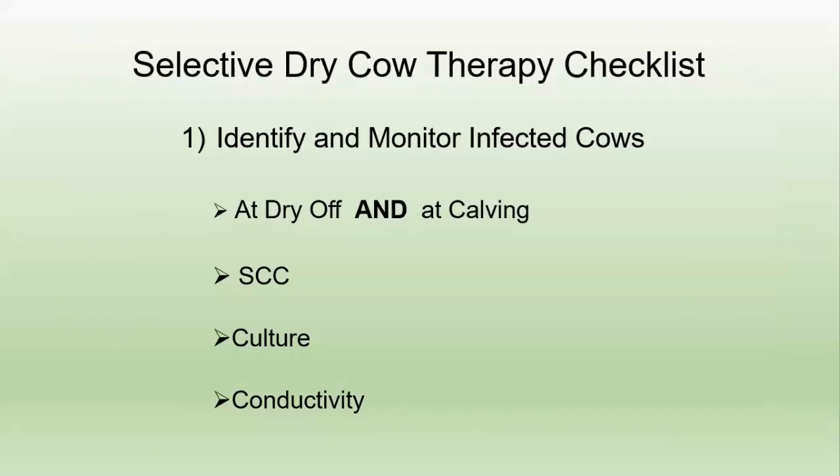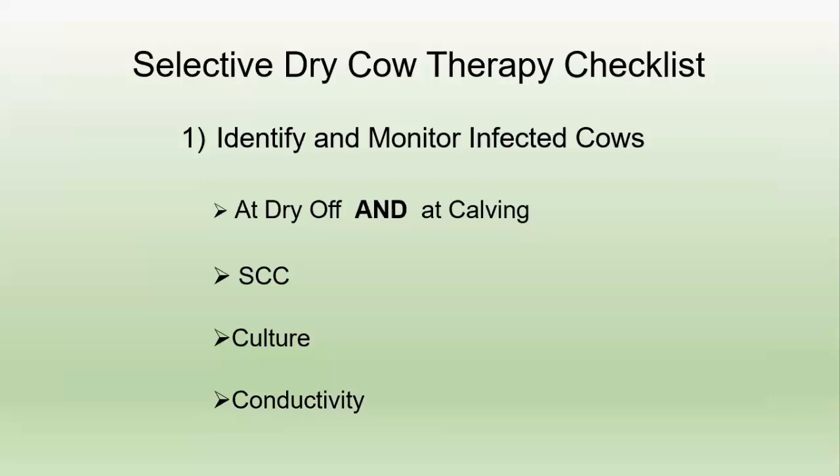So let's summarize some of the practical aspects then based on these studies. And there are three important things that you need to consider if you are going to try selective dry cow therapy in your herd. One, you need a way to identify and monitor infected cows. For instance, somatic cell count or bacterial culture, or for some herds, they may have conductivity built into their parlor system.